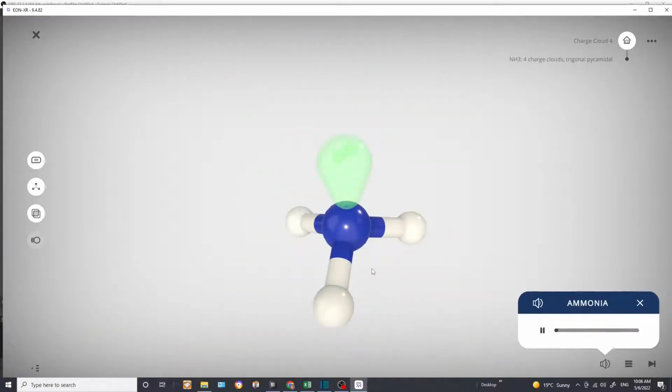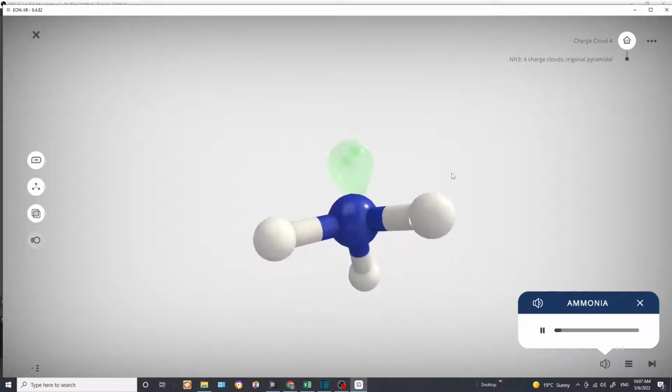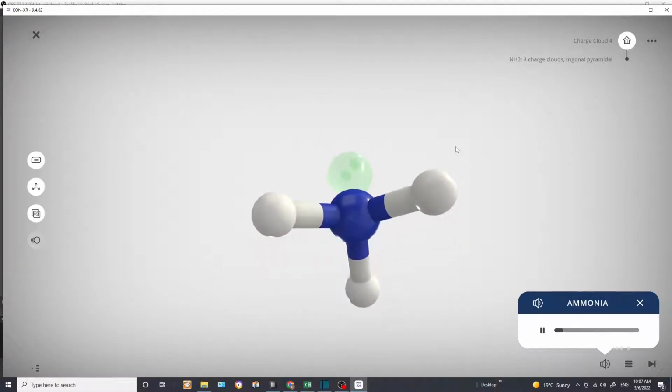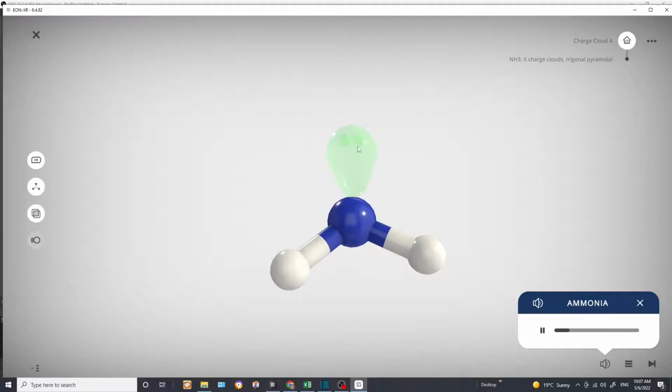Here we are looking at ammonia, and you can see there are 4 charge clouds. Each bond between the nitrogen and the hydrogen counts as a charge cloud, so we have 3 charge clouds coming from bonds, and then we also have the lone pair. That's that green lobe, and that also counts as a charge cloud.